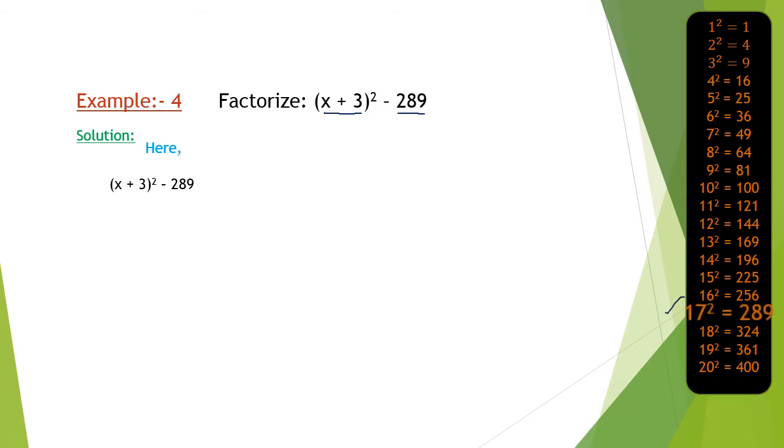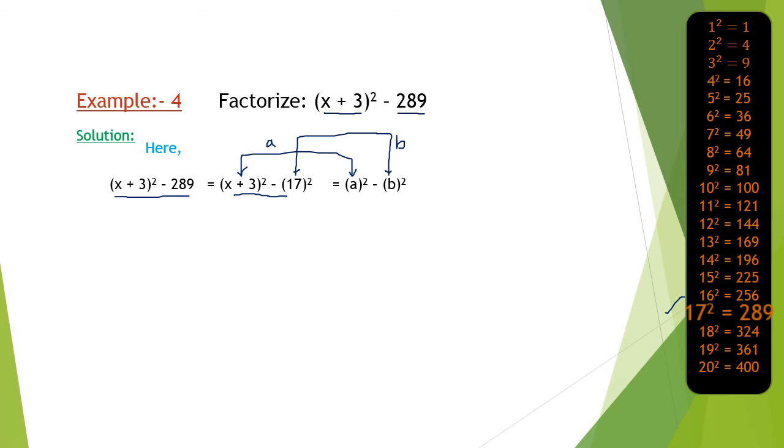Now it is already in the form of a square. We can change 289 into the form of a square, like 17 square. Solution: you can see that 17 square is 289, and we have to express this given algebraic expression as a difference of squares. Now let's convert it. It is now exactly a difference of squares.